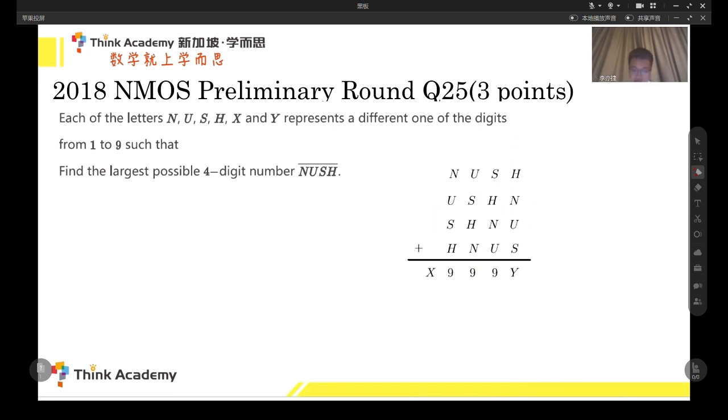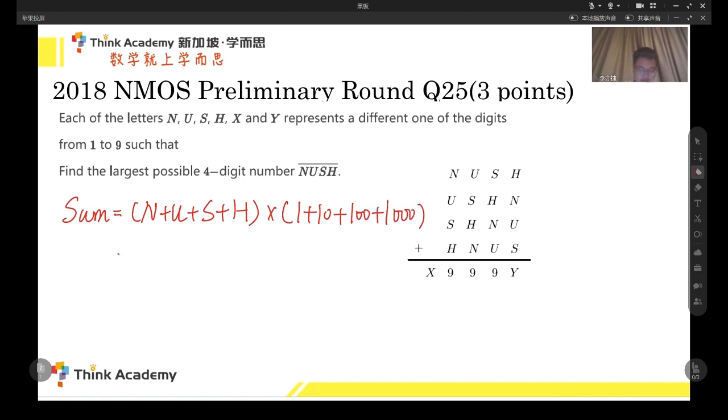As all the digits are the same, we use this sum times its value, which means 1 plus 10, 100, and 1000 here, right? So it will be 1111 times N plus U plus S plus H.